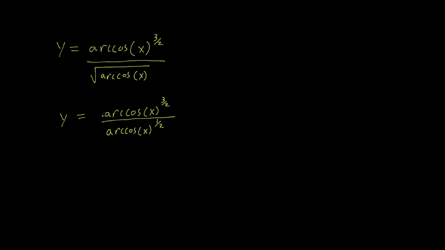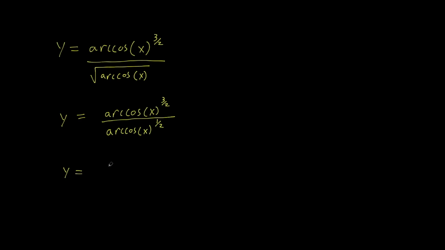And now we have arc cosine of x in the denominator, to the 1/2. That's the same thing as saying arc cosine of x to the negative 1/2.